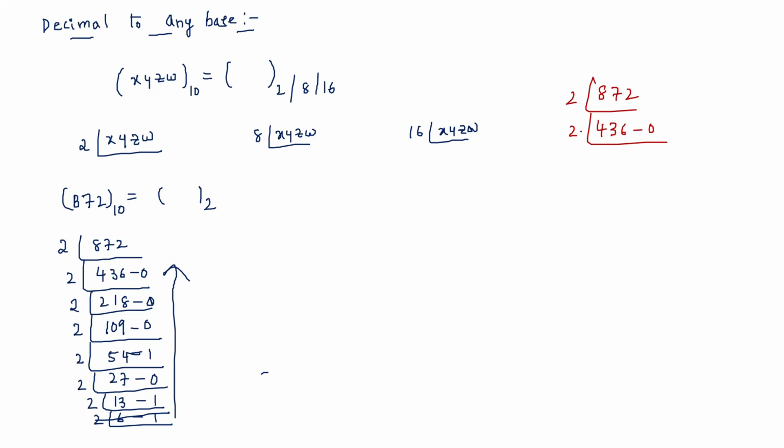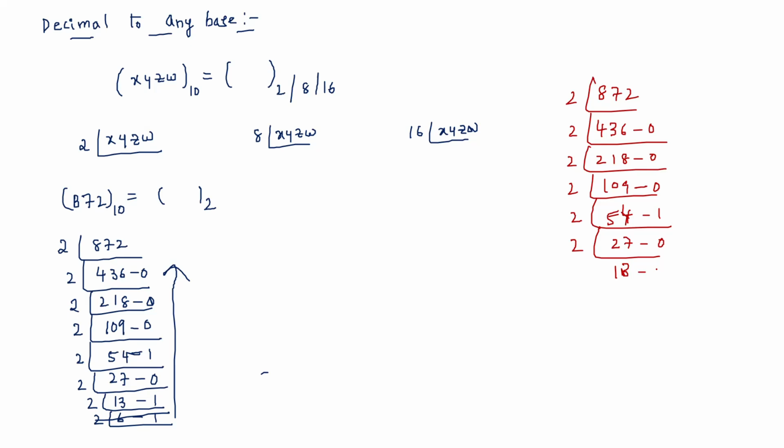Then 218, remainder is 0. Then 109, remainder is 0. Then 54, remainder is 1. Then 27, remainder is 0. Then 13, remainder is 1. Then 6, remainder is 1. Then 3, remainder is 0. Again 1, remainder is 1.